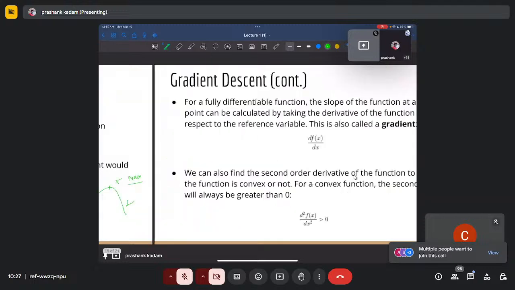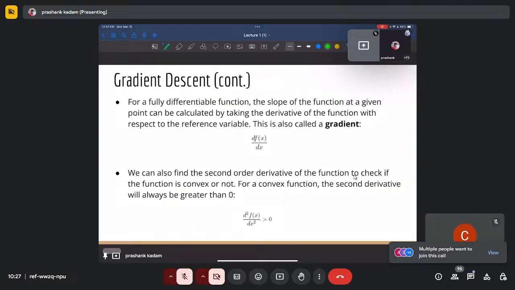Now moving on, what we do in gradient descent is you have a curve, right? You take a point. What you essentially do is you are trying to calculate the gradient at that point. So based on whatever curve you have, x square for example, you're taking the first order derivative of that curve, right?